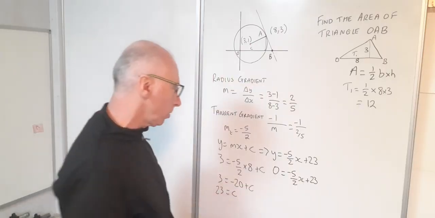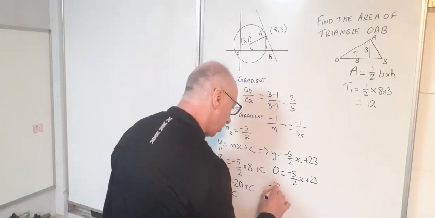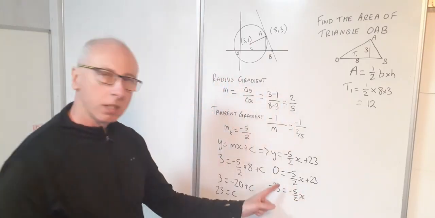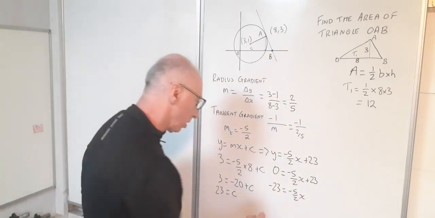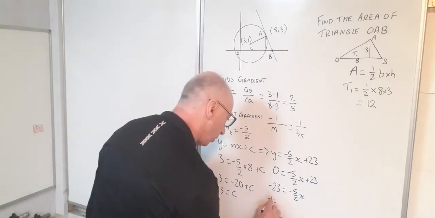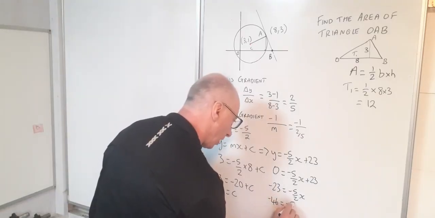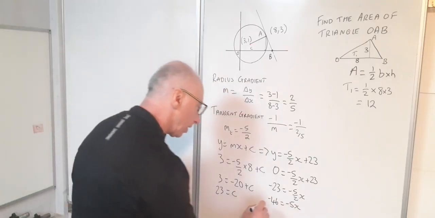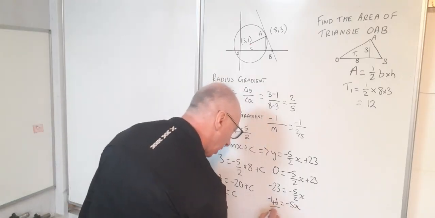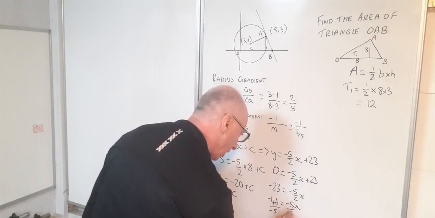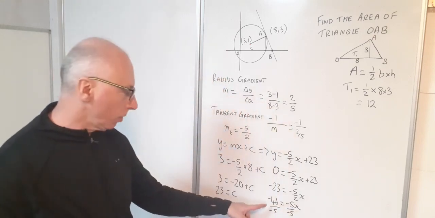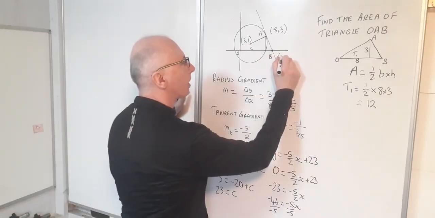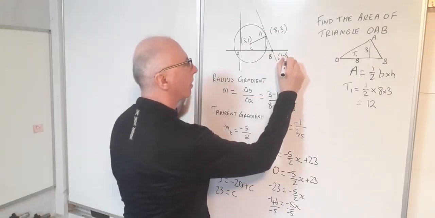Subtract 23 from both sides, so I've got minus 23 equals minus 5 over 2 x. Multiply both sides by 2, so minus 46 equals minus 5x. Now divide both sides by minus 5, and I get x equals 46 over 5.